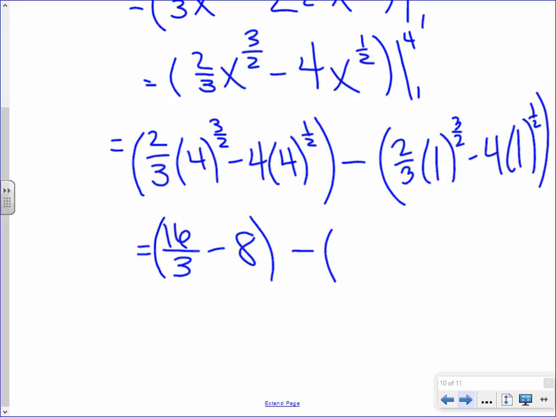I think we should write 8 as 24 thirds instead of 16. We'll get there. So this is 2/3 minus 4. So yes, you can think of this as 24 thirds. And 16 thirds minus 24 thirds would be what? Negative 8 thirds minus 10 thirds.